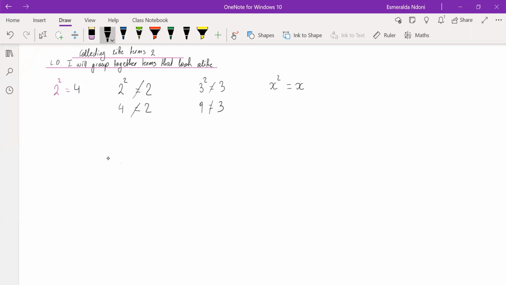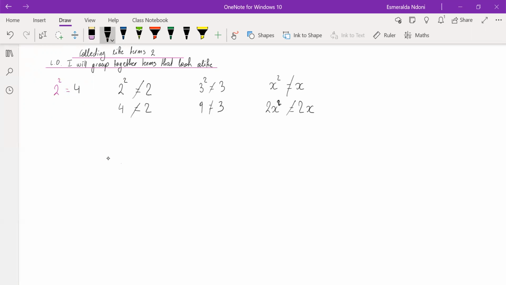We don't know what x is worth, but it doesn't really matter. They are not the same thing. So if I am to ask you, is 2x squared the same as 2x? Well, of course not, because one of them has the little index and the other one doesn't. So those are different things. Okay, so this is the only thing we need to know to do the questions that follow.